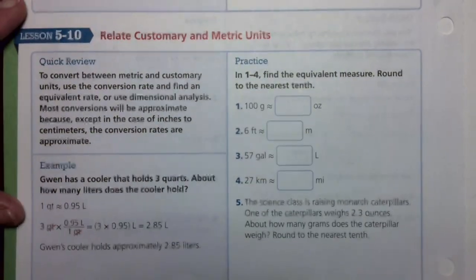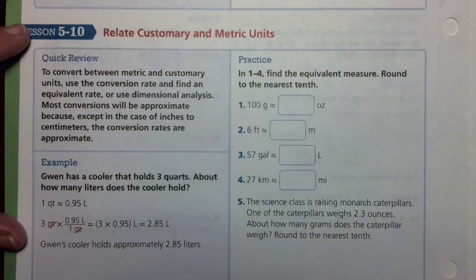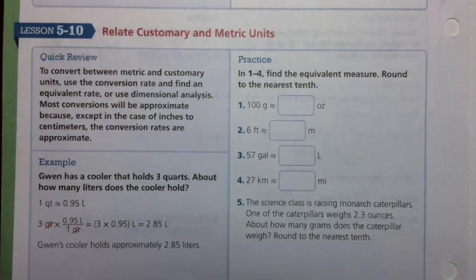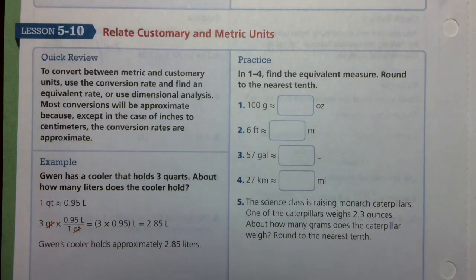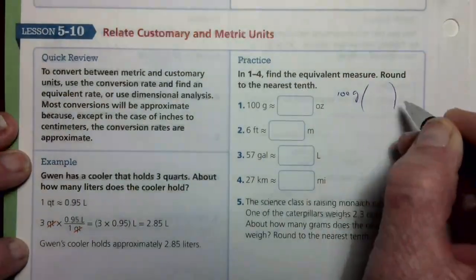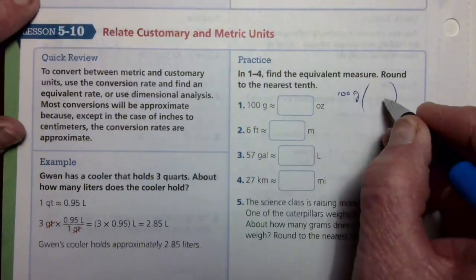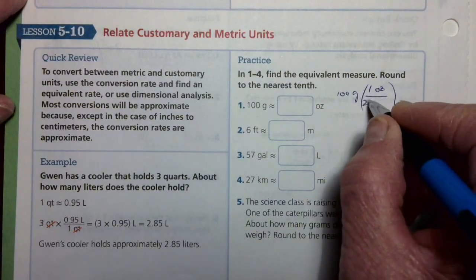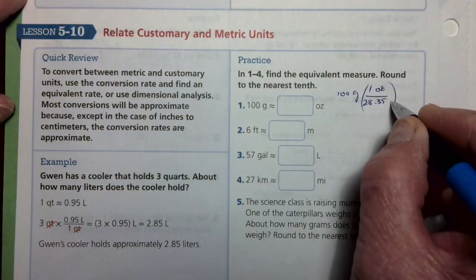5-10, we mix it together. We want to go from grams to ounces. I have to go look that one up because that's not one I remember. Hold on a second. I don't know why I can't remember that one, but I do have a hard time. So I'm going to take my 100 grams, and it's the one where 1 ounce is 28.35 grams.